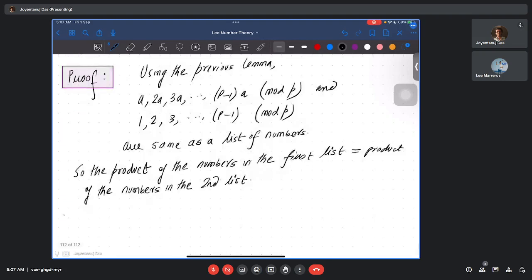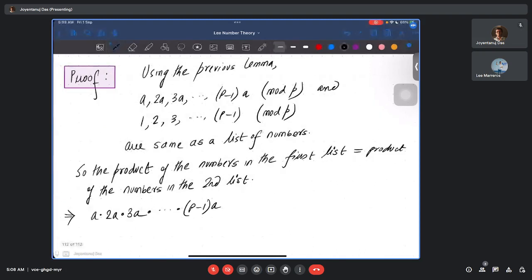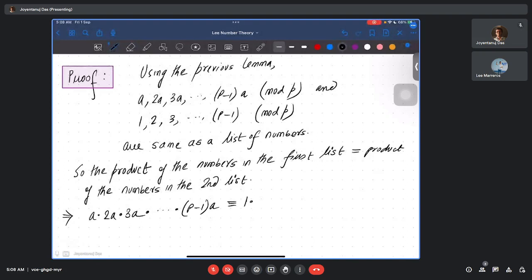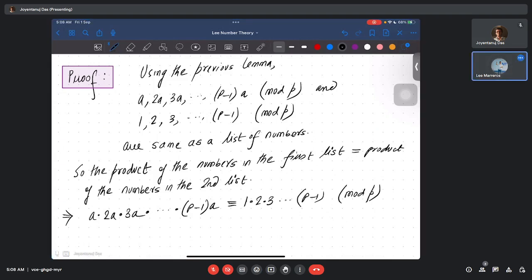The product of all these numbers will be the same as the product of all of those numbers. This implies a times 2a times 3a up to (p minus 1)a is congruent to 1 times 2 times 3 up to p minus 1 in modulo p.